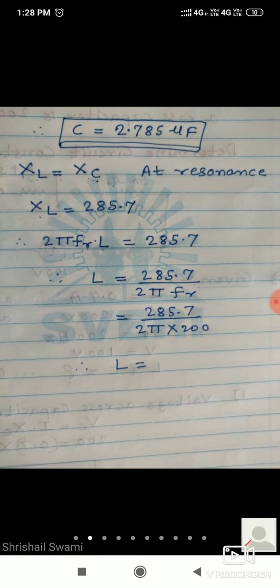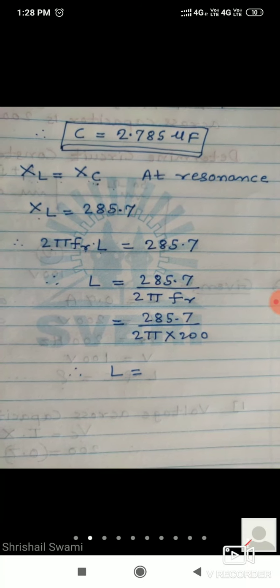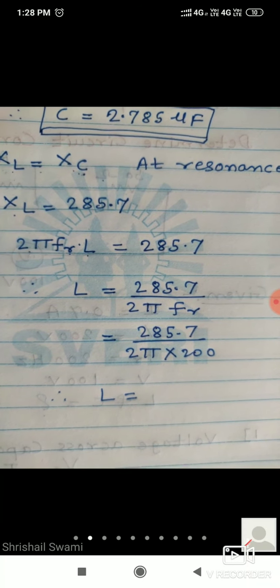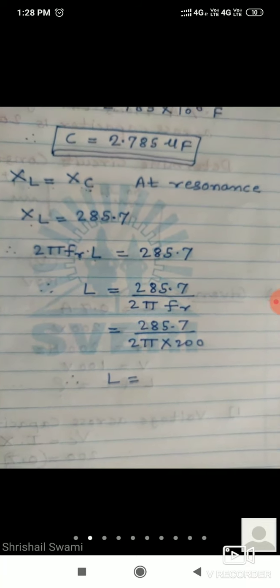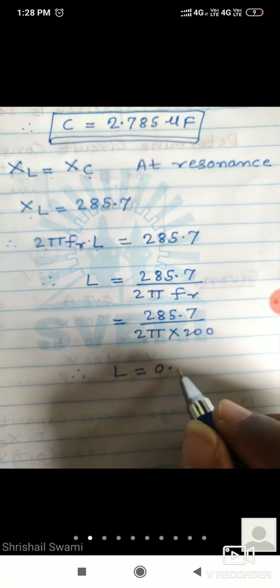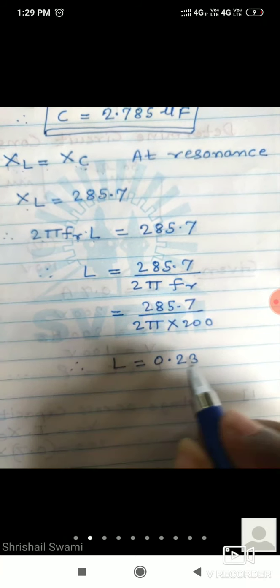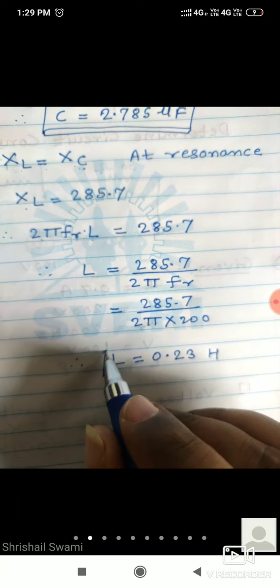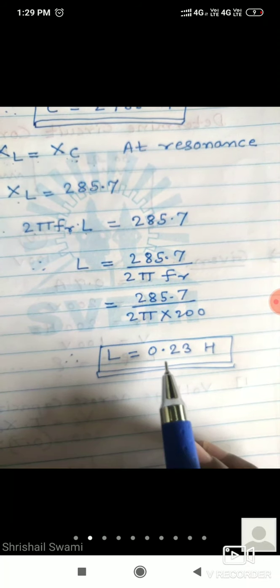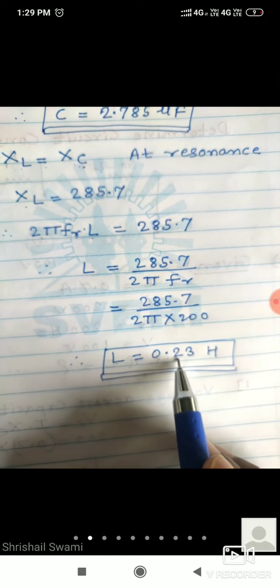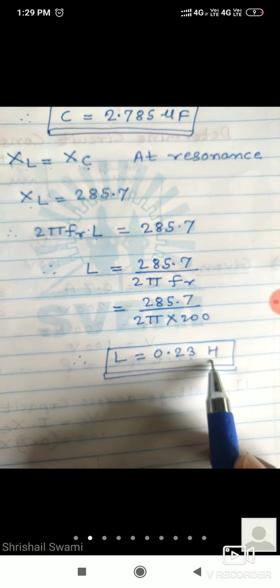Use whichever formula, you can get the answer of L. So what is the answer you get for L? 0.23 H. So L is equal to 0.23 Henry. So value of C you got, value of L you got.